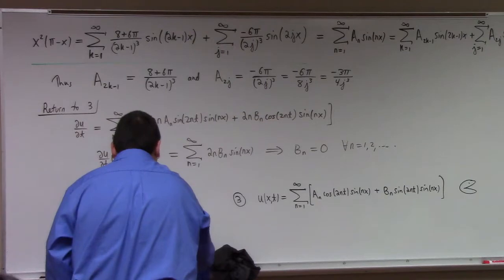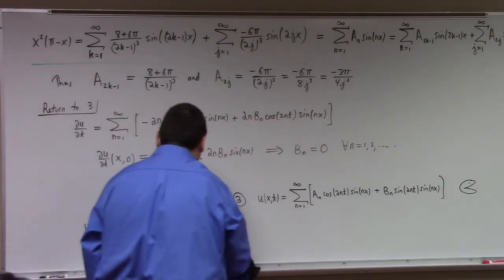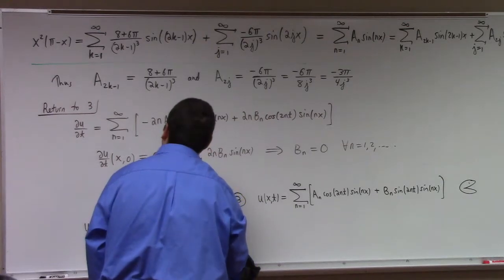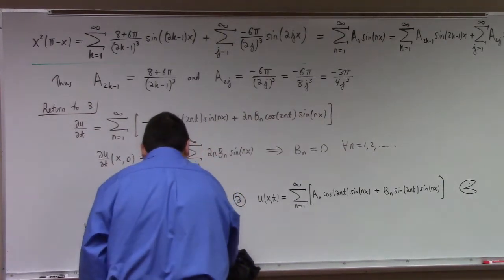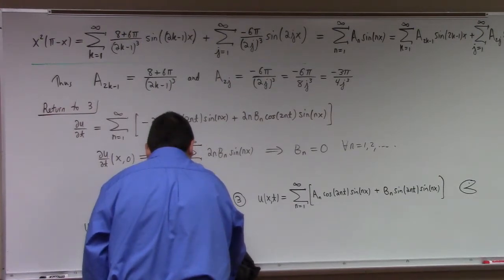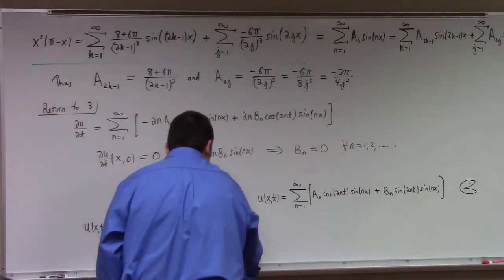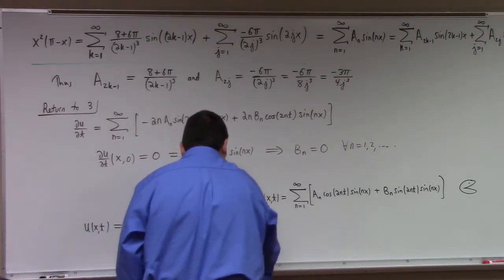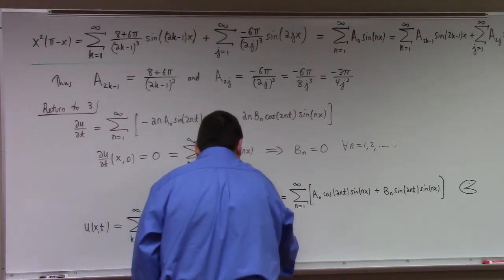I mean, it's possible, guys, but I hope the spirit of the solution shines through if the details are off here. 8, 6 pi over 3, and that's my cosine of 2 times 2k minus 1 t sine of 2k minus 1 x.